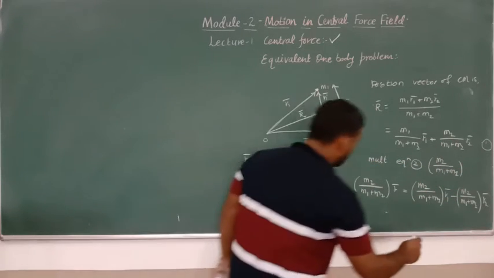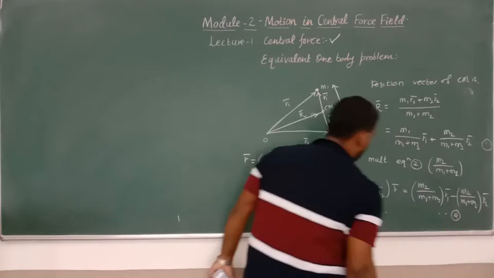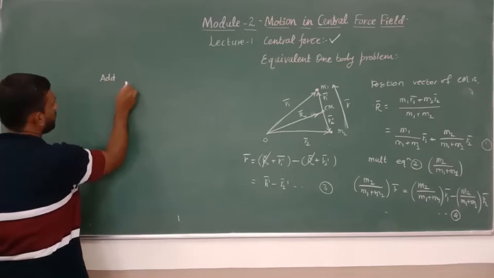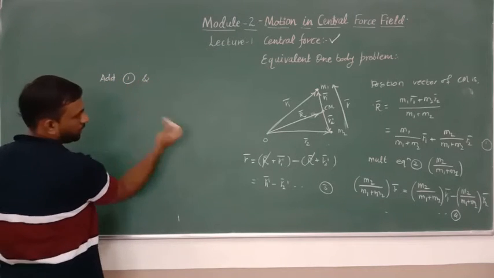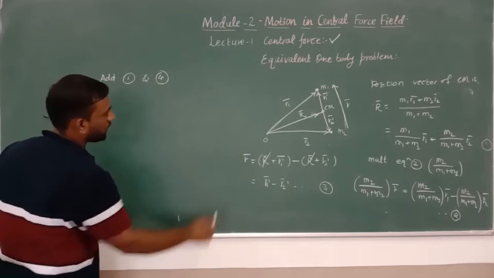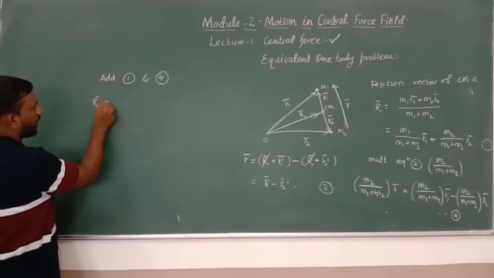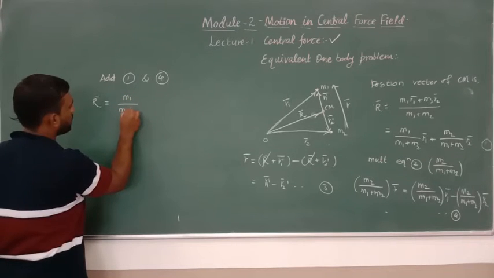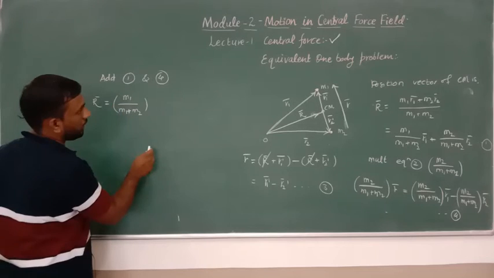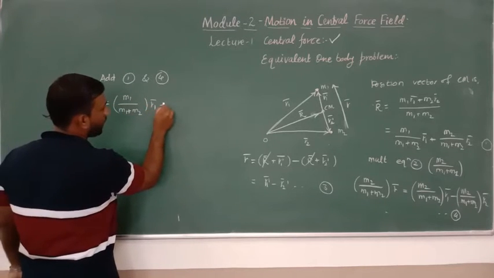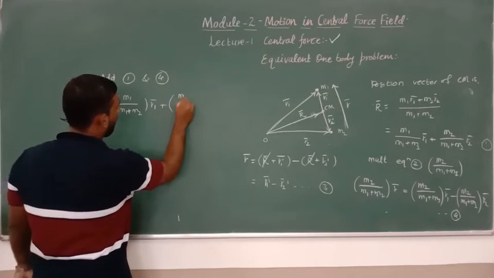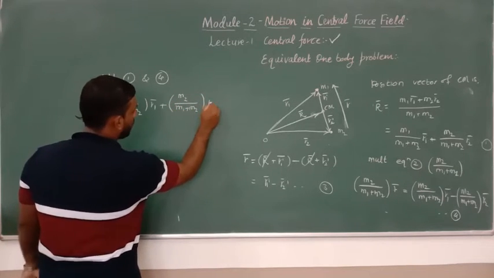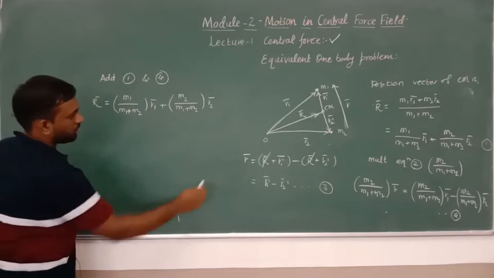So let's say this is equation number 4. Okay, so add equations 1 and 4. If you add equation number 1, r bar is equal to m1 upon m1 plus m2 r1 bar plus m2 upon m1 plus m2 again r2 bar, and similarly for equation number 4.